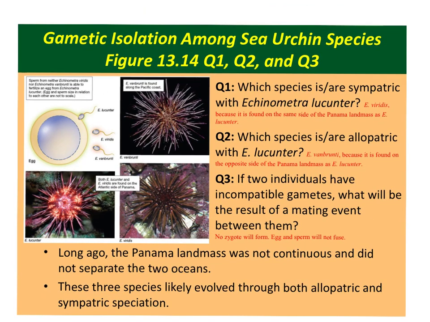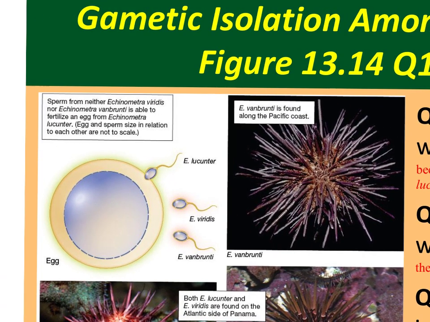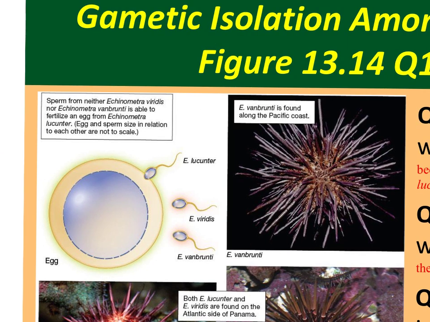So, gametic isolation. We've got these sea urchin species. Sperm from neither Echinometra viridis or Echinometra vanbrunti, these are two different species, is able to fertilize the egg from a third species, E. lucunter. Egg and sperm size in relation to the other is not to scale.